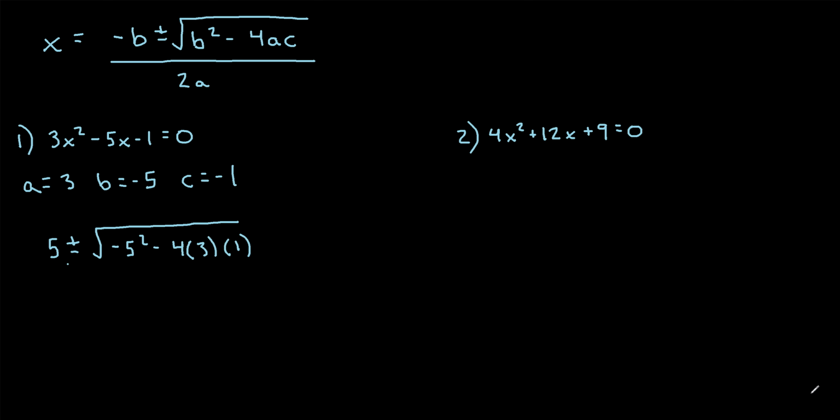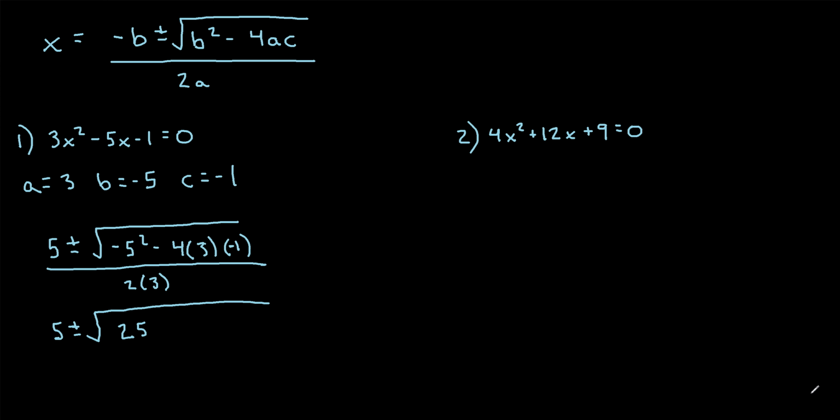So we get 5 plus or minus the square root of negative 5 squared, that's 25, minus 4 times 3, this should be a negative 1, c is negative 1. 4 times 3 is 12 times negative 1, so negative 12.